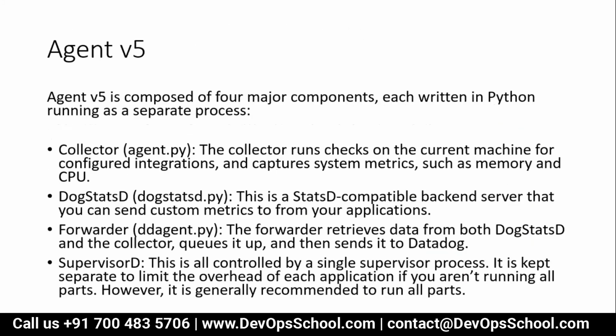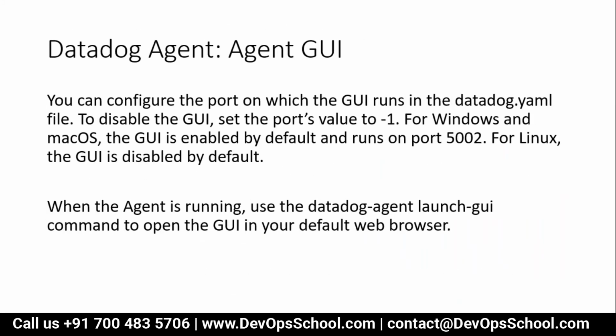So this is the stuff. Now guys, if you want the agent GUI also, that is possible. I will show you during the demo. You can configure the port on which the GUI runs in the Datadog YAML file. So if you want to access the GUI, you can configure the port. To disable the GUI, just set the port value to -1.